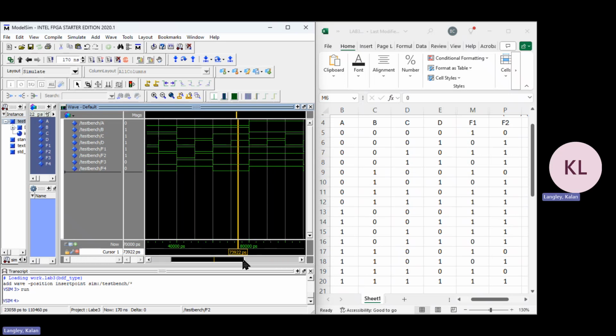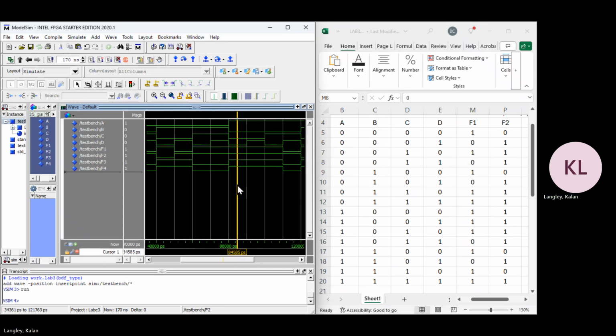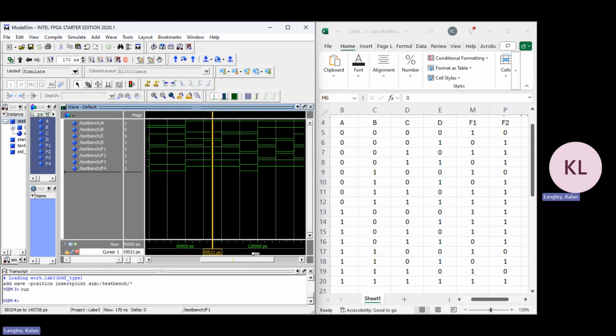Now we're going to A. F1 is 1, F2 is 1. Now to AD, 1 and 1. AC, here, 1 and 1.